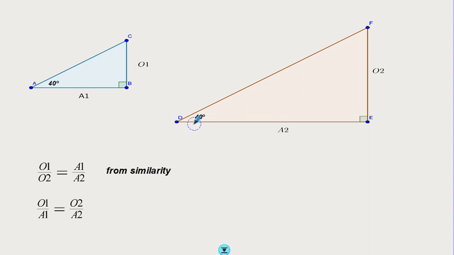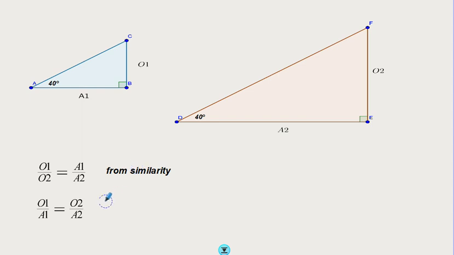Those two triangles are obviously similar. When you scale triangles up, the angles remain the same, and we know from similarity that the ratio between the sides remains the same. So the ratio of O1 divided by O2 is the same as A1 divided by A2. Basically, this is the scale factor.